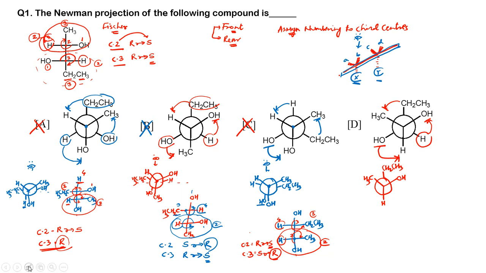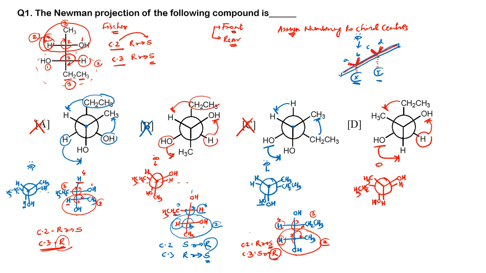Okay, here just change. As we have rotated the rear carbon, we are supposed to write it like this: this will be the OH and this will be the hydrogen, this will be CH2, CH3.